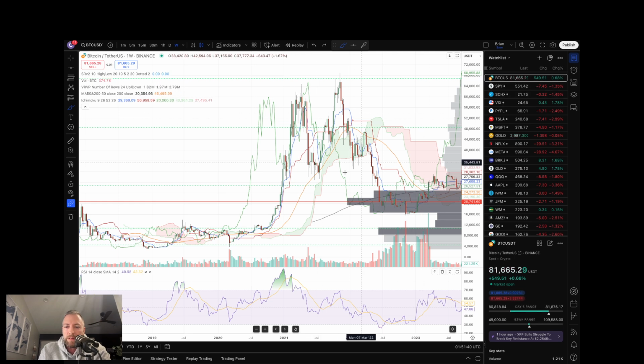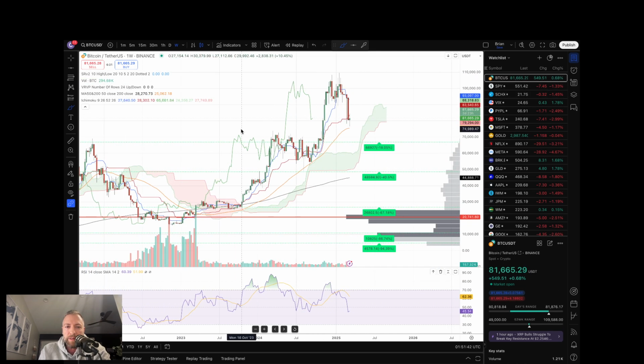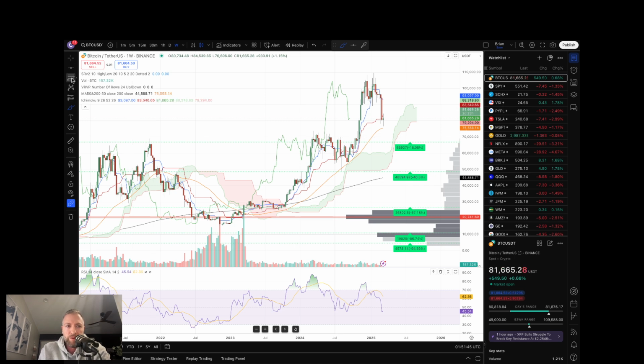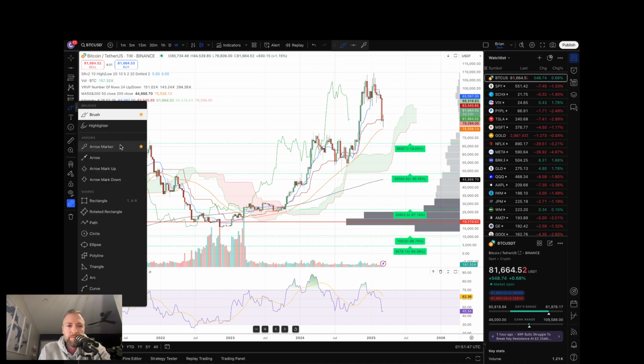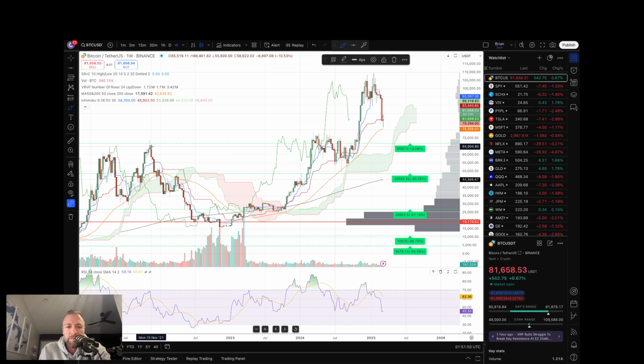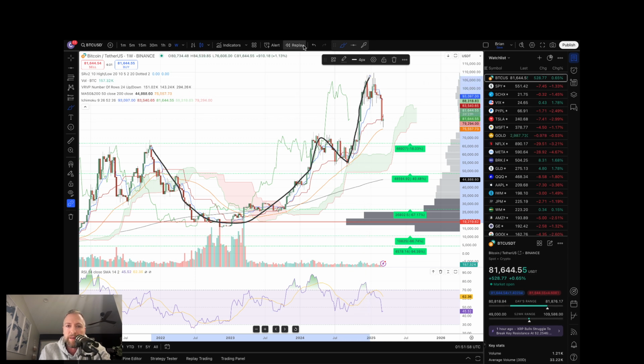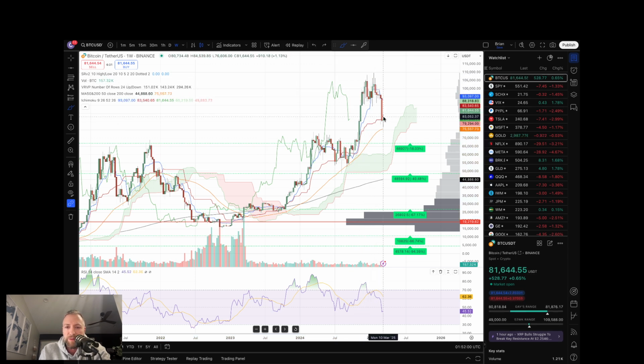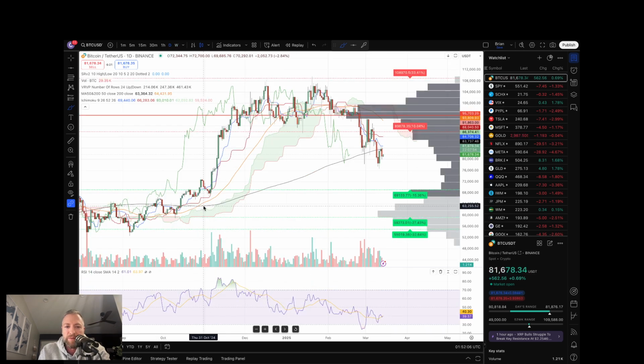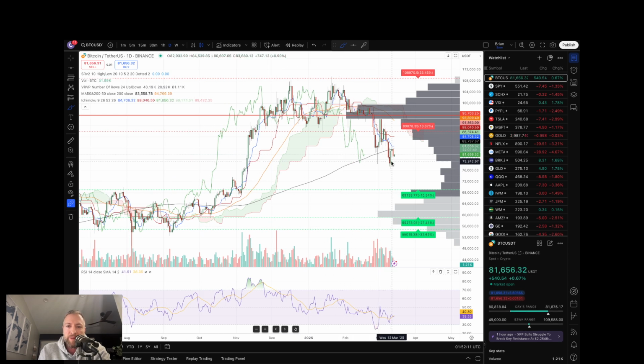Let's see. So right now, if you look at Bitcoin, you'll see we formed the classic cup and handle with the breakout right here. And now we're in this downtrend right here. Here's your 200-day moving average right here. You can see a lot of times the stock will get bought right back up after it drops below the 200-day moving average.